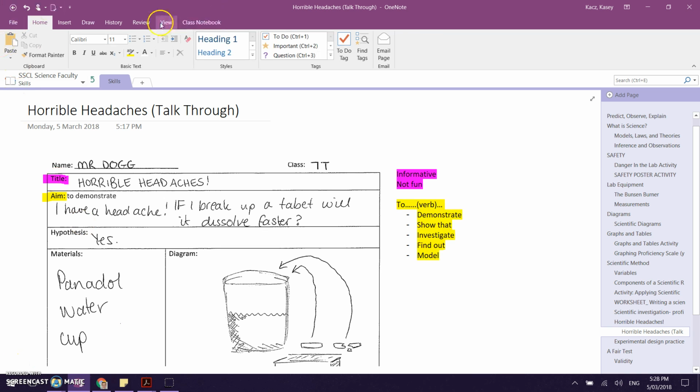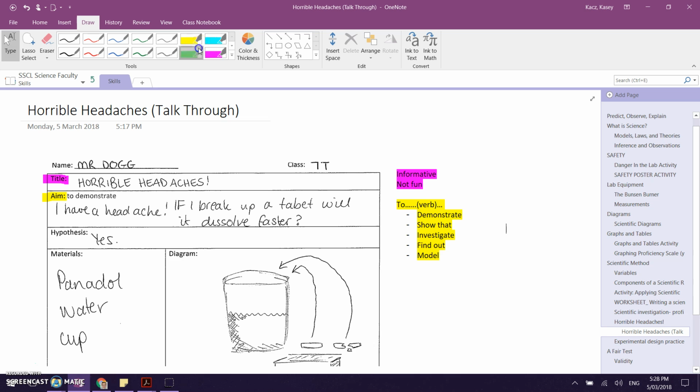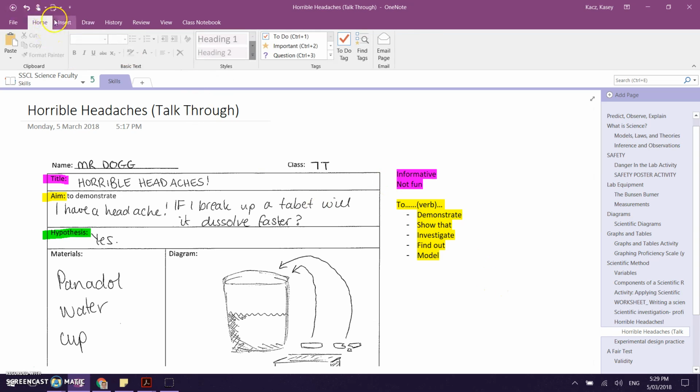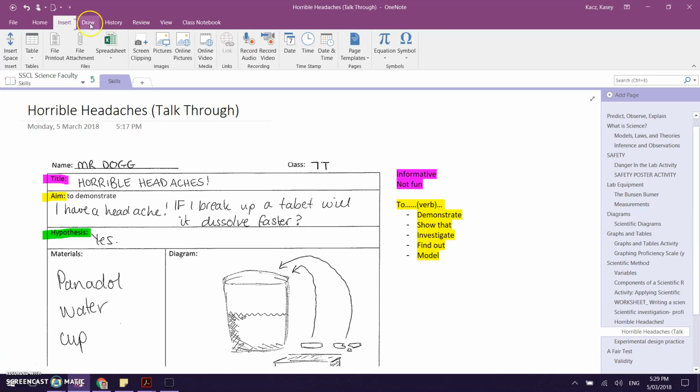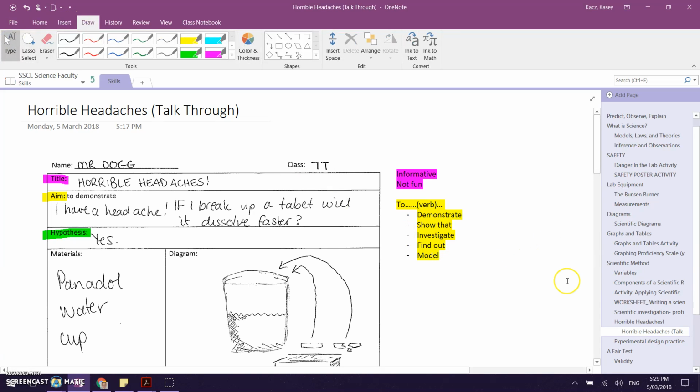Next is the hypothesis, and the hypothesis of a scientific report is your educated guess about what is going to happen. So a hypothesis is never wrong as long as it's structured well. And ways to structure your hypothesis correctly can vary. A way that I like to think about a hypothesis is writing an if-then statement. So in this case, of the horrible headaches experiment, it might be something like, if a tablet is broken up into smaller pieces, then it will dissolve faster.